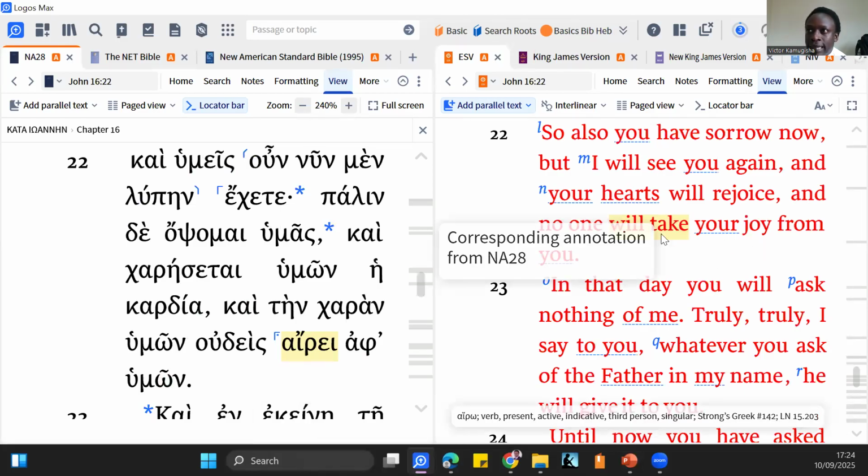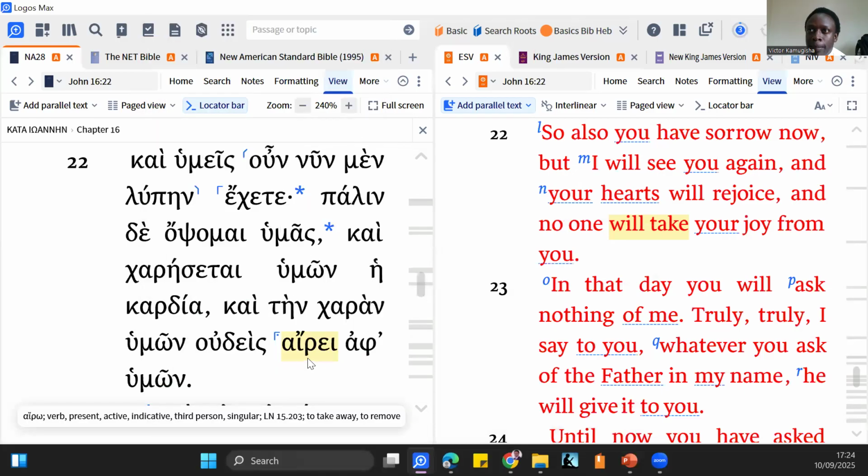So I'm looking at the words will take in the Greek. See, it's here, highlighted yellow on the right. The alpha and the iota make a diphthong because they are two vowels and the last is iota. Remember, if there are two vowels and the last is either iota or upsilon, that's a diphthong, and you pronounce them as a single letter. Look also at the last two letters.